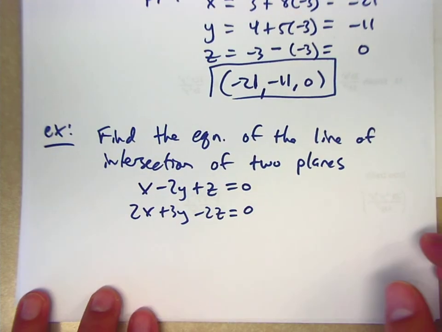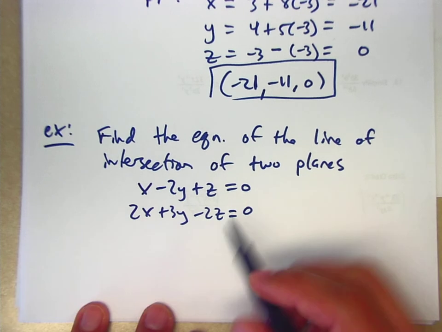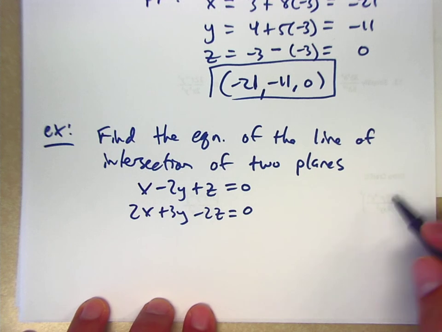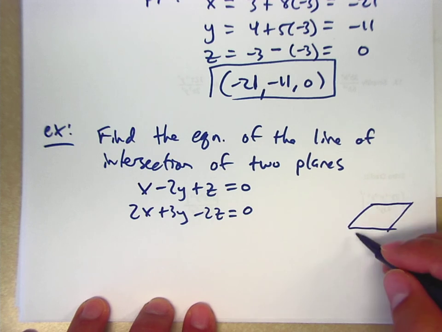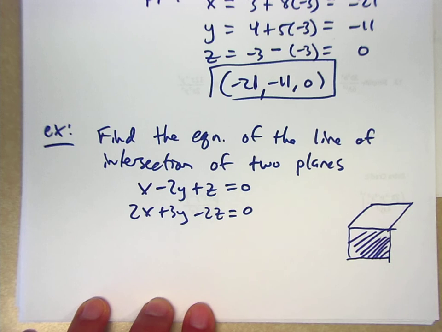Now, if you're wondering, what do we mean find the equation for the line of intersection? Remember, if two planes intersect, assuming they're not parallel, then we're going to have something that maybe looks like this. Imagine we got this plane here, and this plane over here.